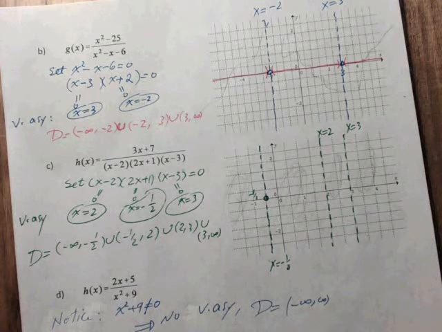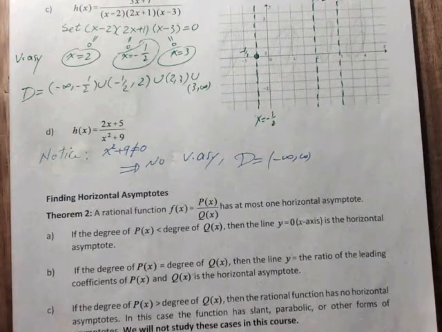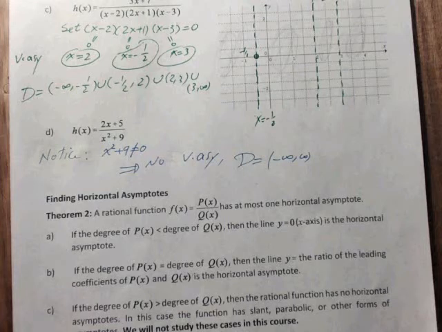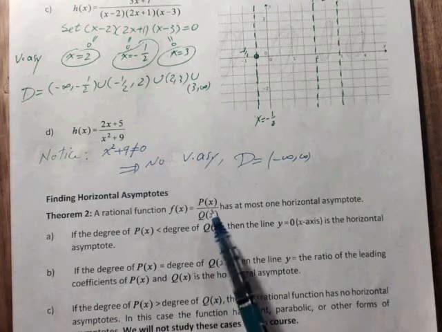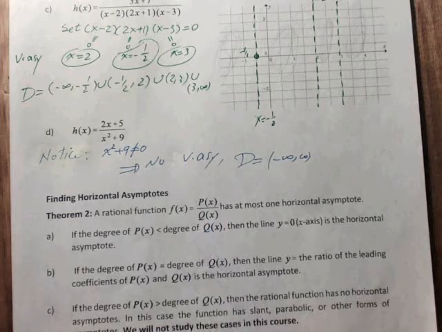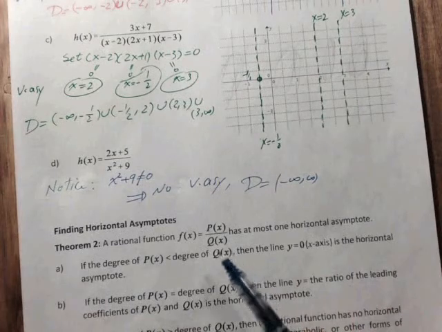The question now is, how do we find horizontal asymptotes? Okay, a horizontal, non-vertical asymptote basically depends on the degree of the numerator and the degree of the denominator, and that makes it sometimes complicated depending upon what the degrees are.